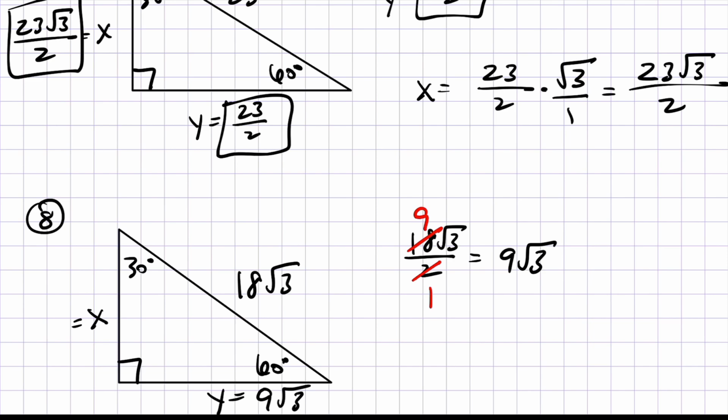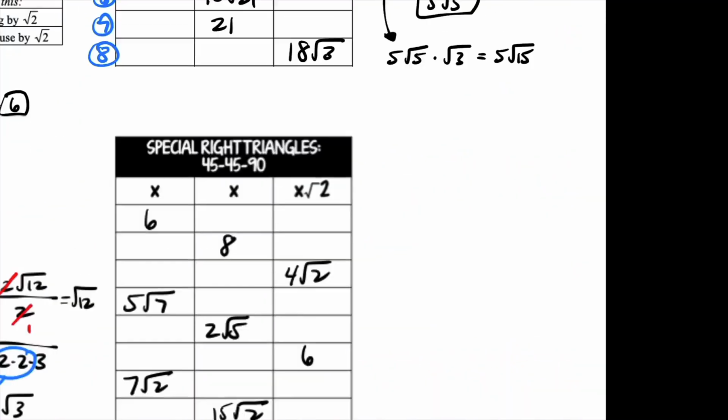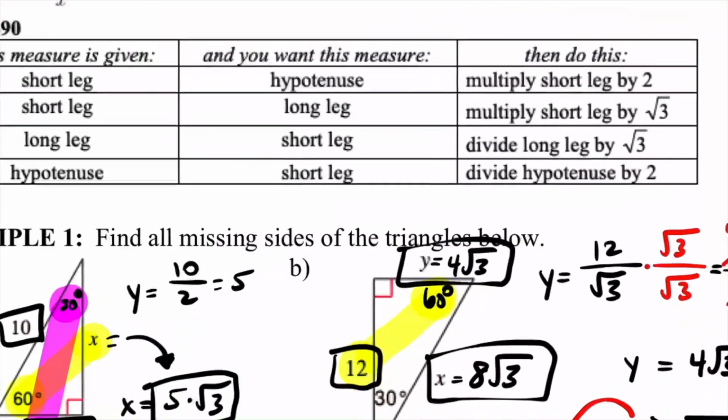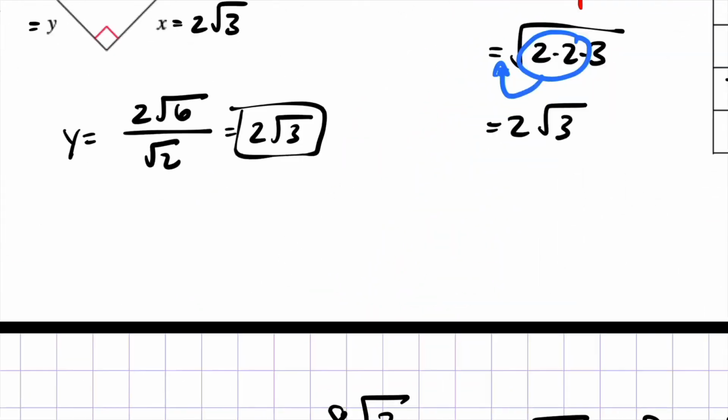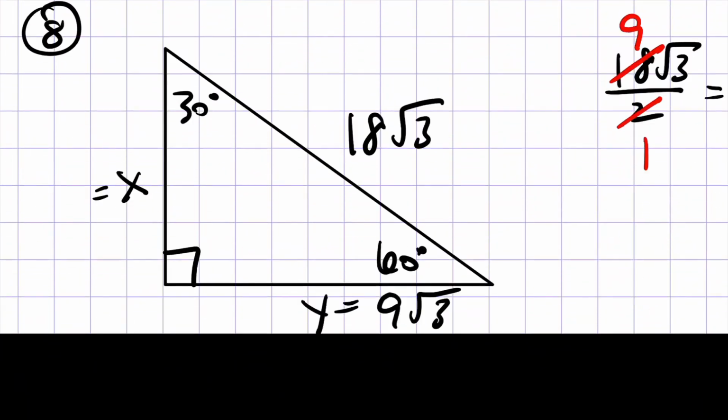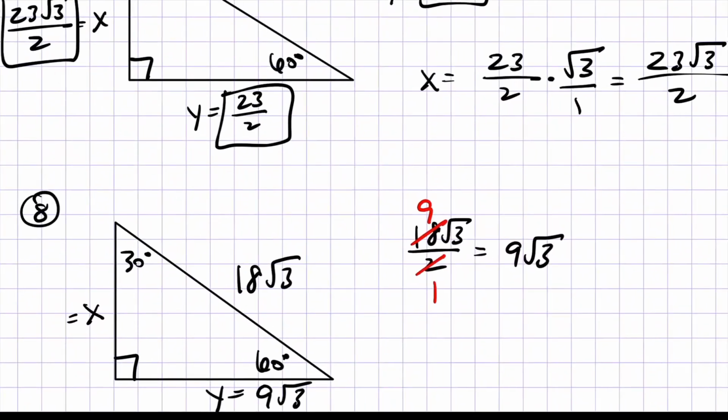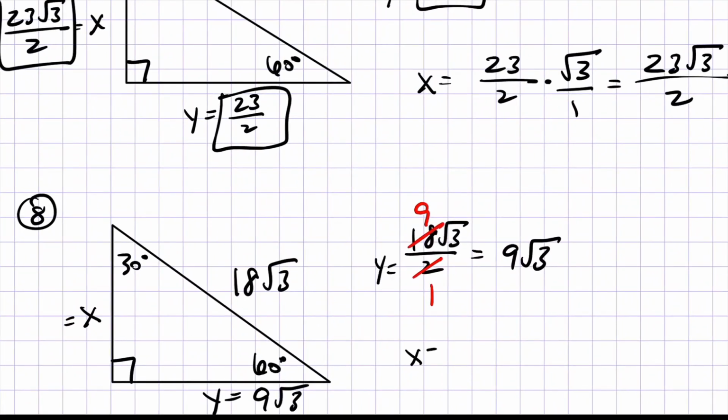Okay, so now I got to find the long side. I'm going to go back up to the table and look for the row that says I want the long leg. So I got to multiply the short leg by the square root of 3. That's going to be x.